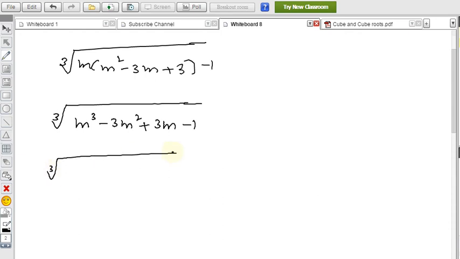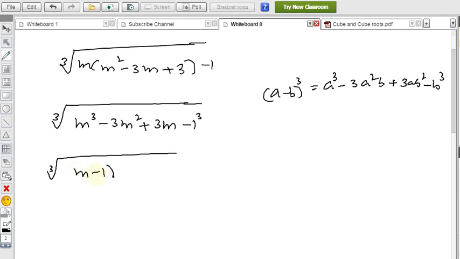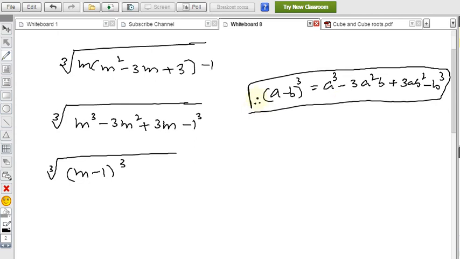You might remember a minus b whole cube is a cube minus 3a square b plus 3ab square minus b cube. So 1 I can write as 1 cube. Now this is the m minus 1 whole cube formula. Applying this formula in this question, now cube and cube root get cancelled. That is m minus 1.